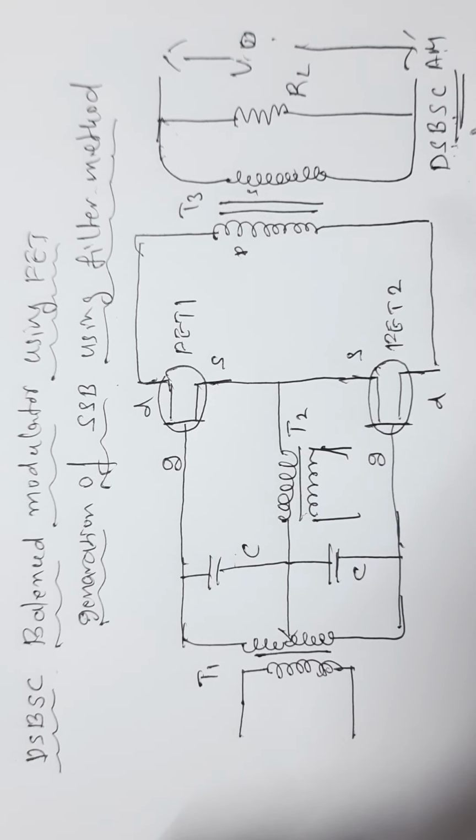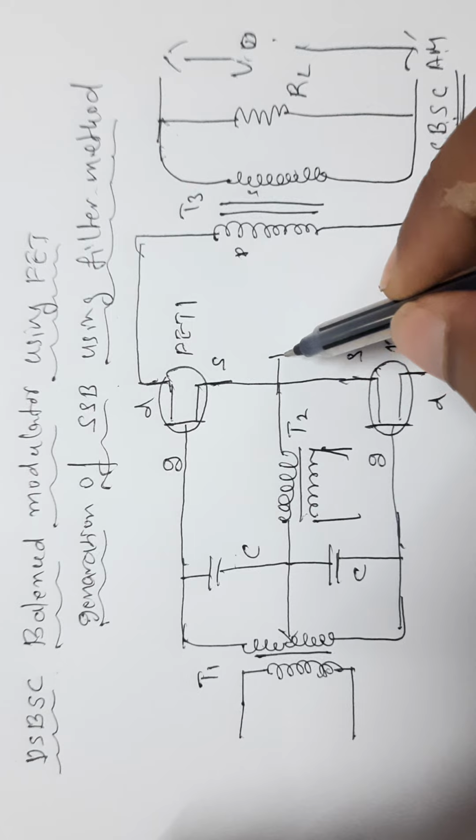This circuit produces both upper sideband and lower sideband, hence the name double sideband suppressed carrier. The carrier signal is suppressed; it produces only sidebands, and the normal carrier frequency component in the AM wave is suppressed.